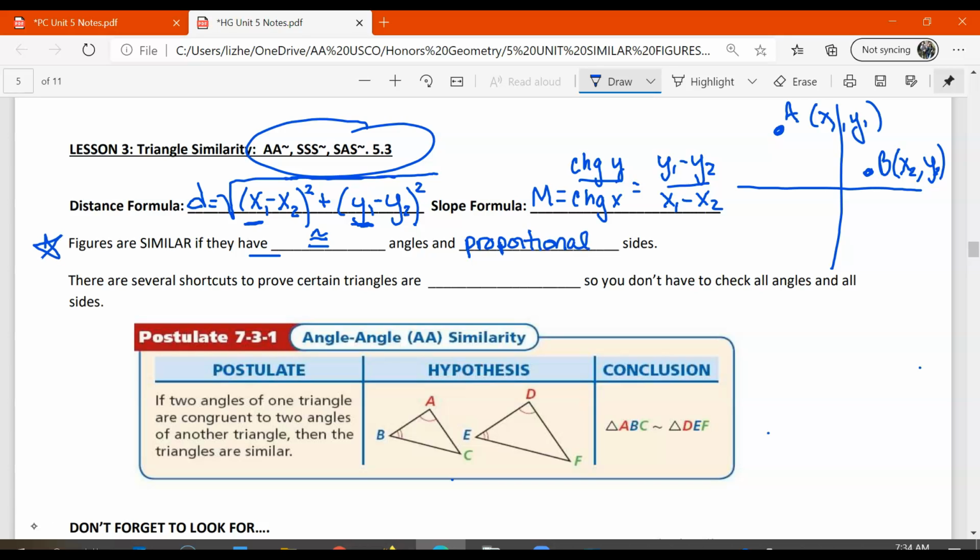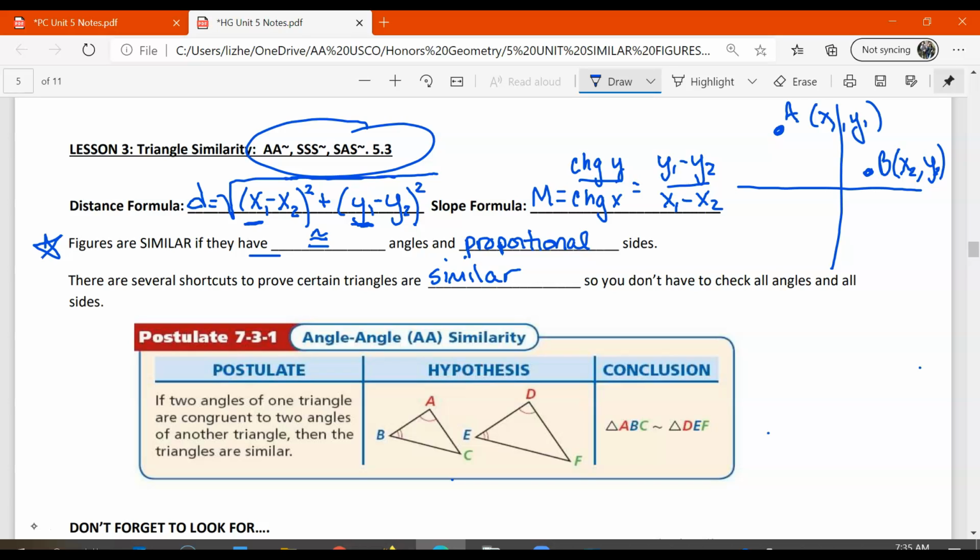You should know that already from previous lessons. If you don't, you need to learn it now. Similar figures mean you have congruent angles, proportional sides. There are several shortcuts to prove certain triangles are similar. So you don't have to check all angles and all sides.